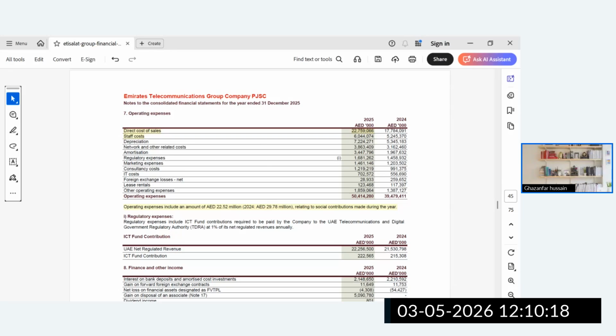Now which figure are we going to take over here? The figure is already there, so we've taken that figure.